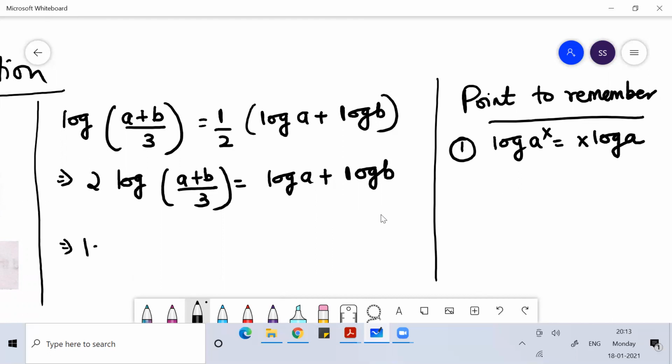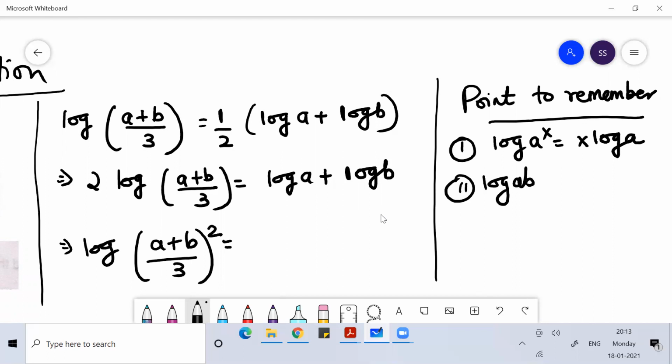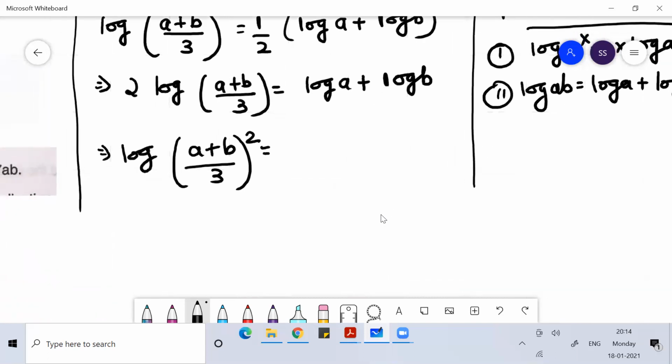So I can write this as log of ((a plus b) by 3) whole square. And then you know the next thing, log ab is equal to log a plus log b. So if log a plus log b is given, that is equal to log ab.